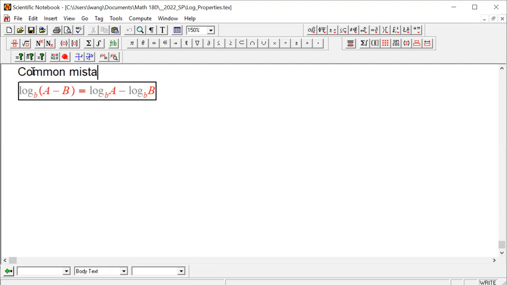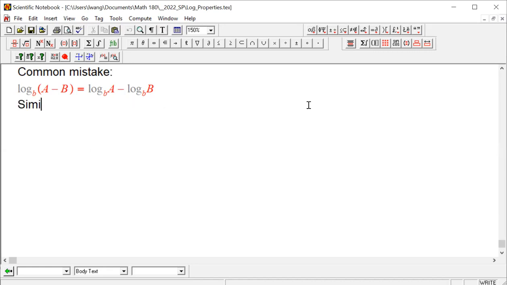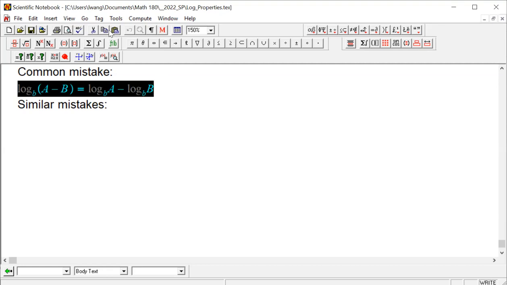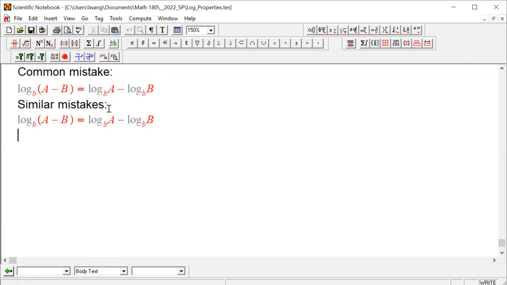So this is another common mistake. I'm going to remove the box because we changed something that is false. Similar mistakes usually involve different bases.